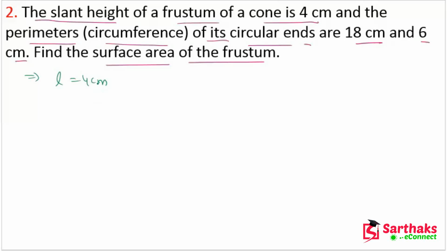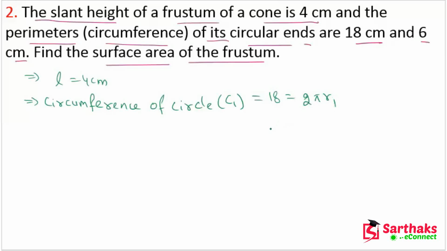Now the circumference of circle 1, that is C1, is 18. The formula is 2 pi r1. So from this we can easily find r1 is equal to 18 upon 2 pi.